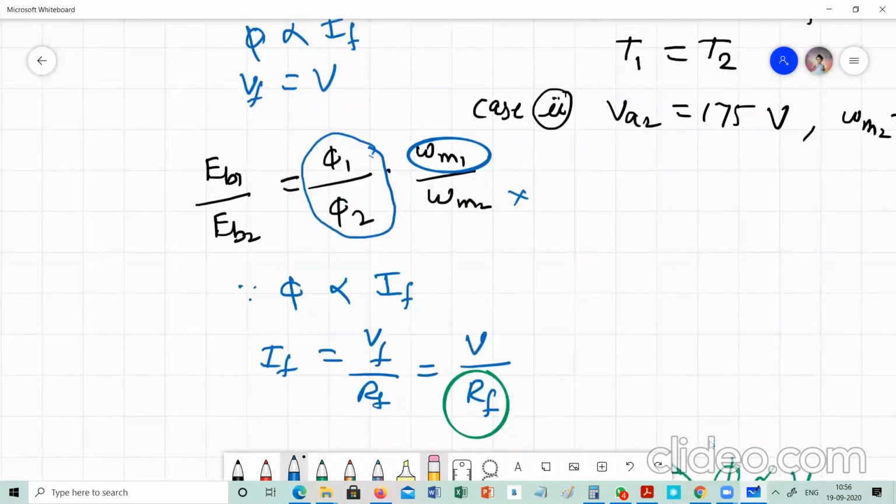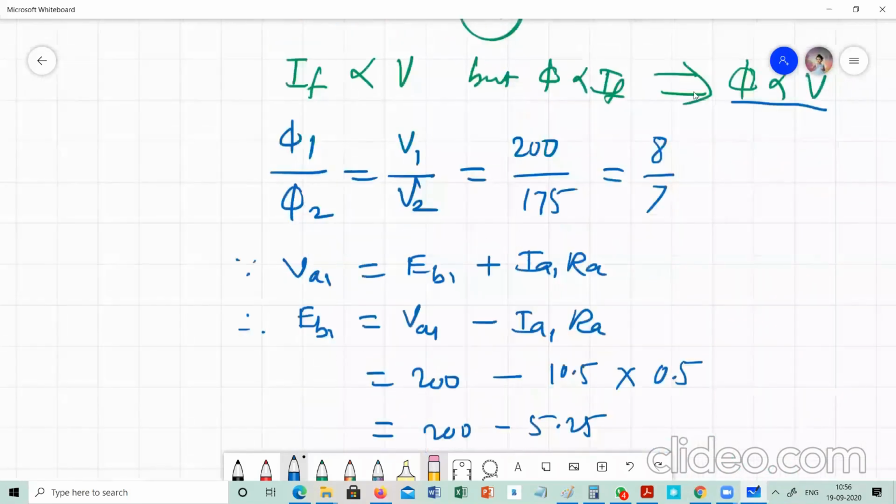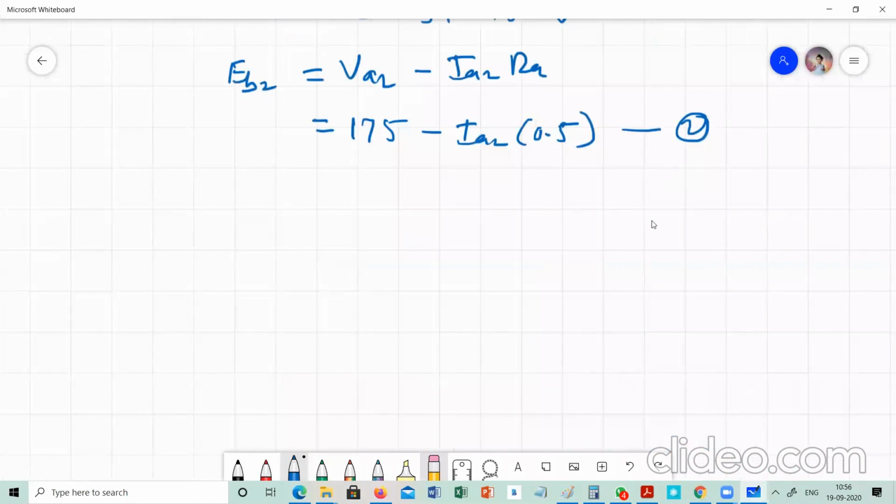And this is equation number 1. Okay, so we have to calculate IA2 first. They have given this information, T1 is equal to T2. But T1 is equal to what?